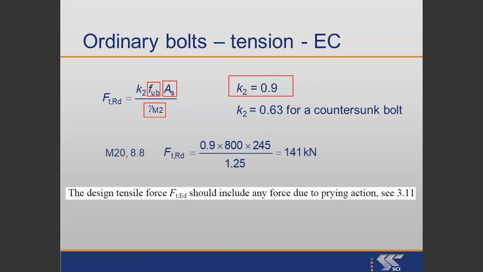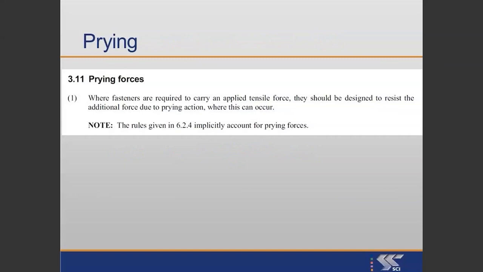But the snip on this slide is from the Eurocode, and it says the applied tensile force should include any force due to the prying action. So really, this is telling us that we should be following the more exact approach. That's how it was described in BS 5950 and including for the prying force.